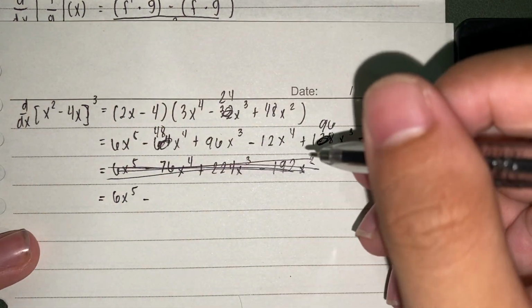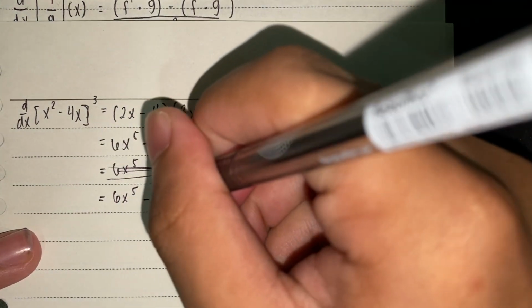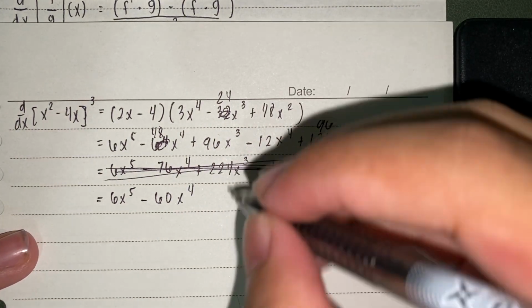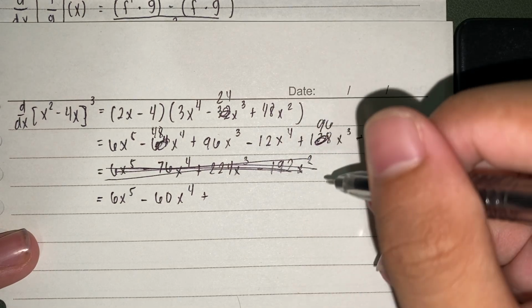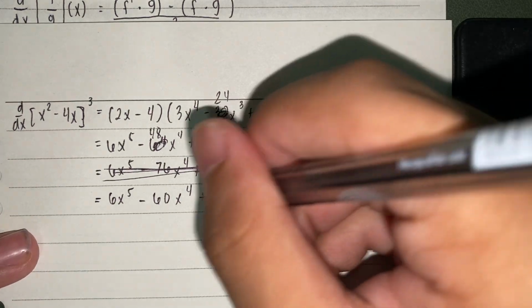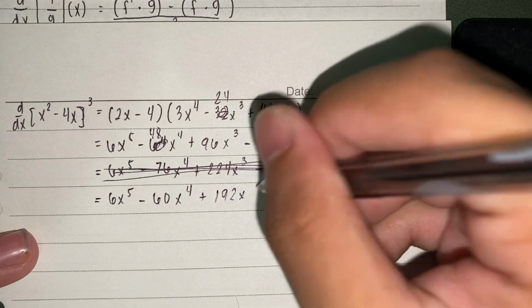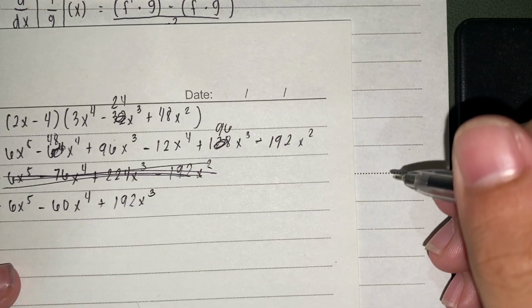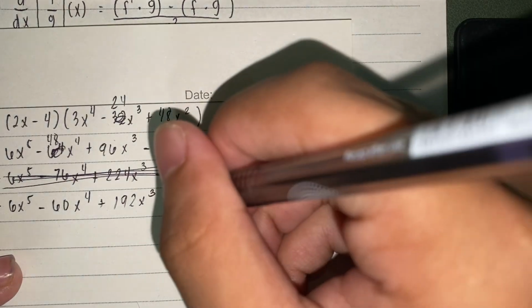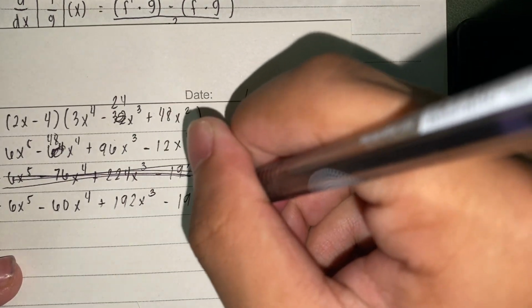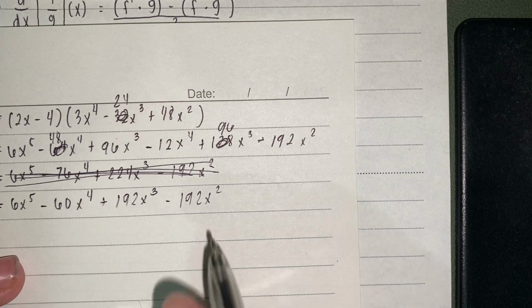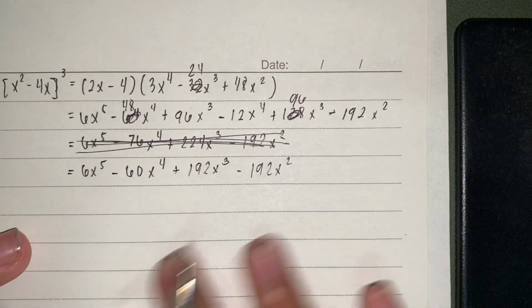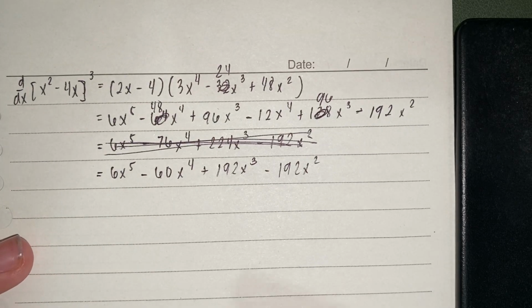That will give us negative 60x raised to 4. 96 plus 96, that is going to give us 192. 192x cubed minus 192x squared. So yeah, that is our final answer.